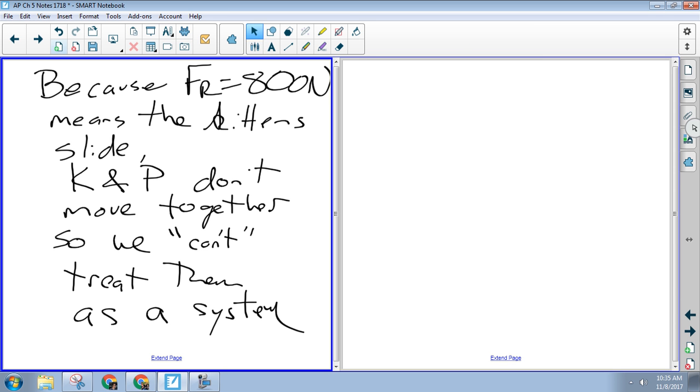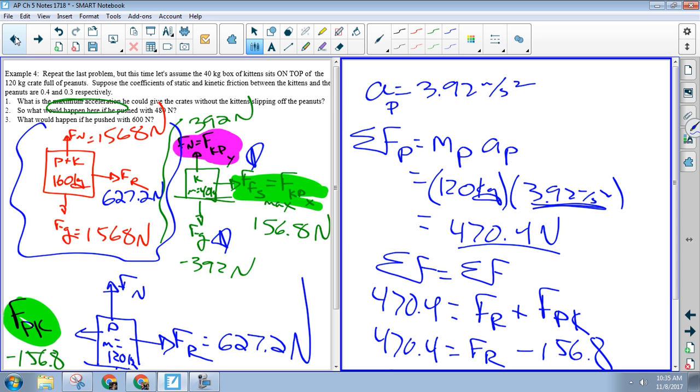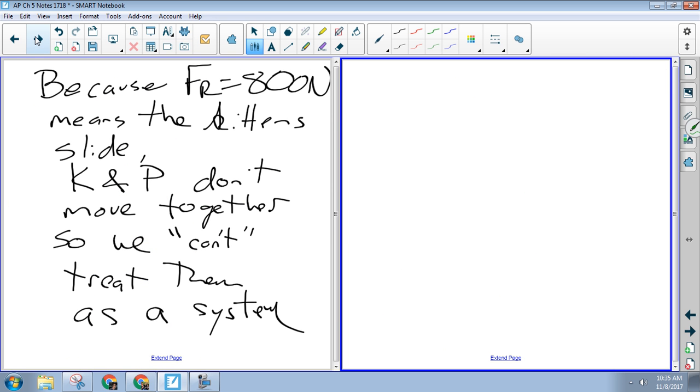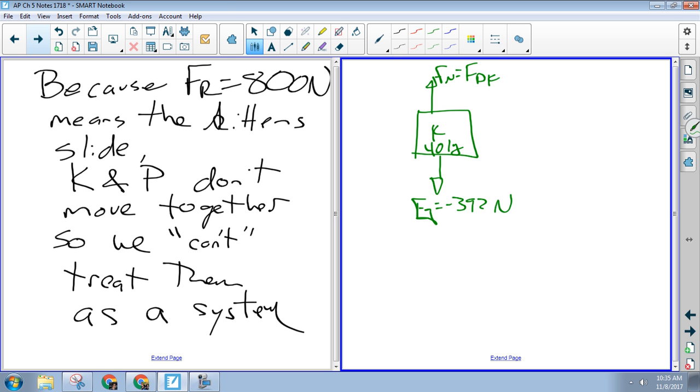Okay, so let's make two free body diagrams. One for the peanuts, one for the kittens. Peanuts were blue, kittens were green. All right, so here we go. Kittens, 40 kilograms, so the force of gravity is negative 392 newtons. The normal force, which is the force on the kittens from the peanuts in the y direction, is positive 392 newtons.